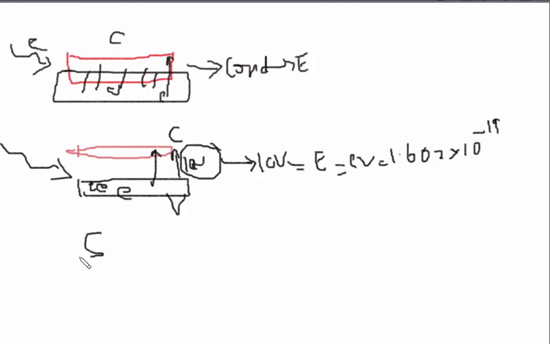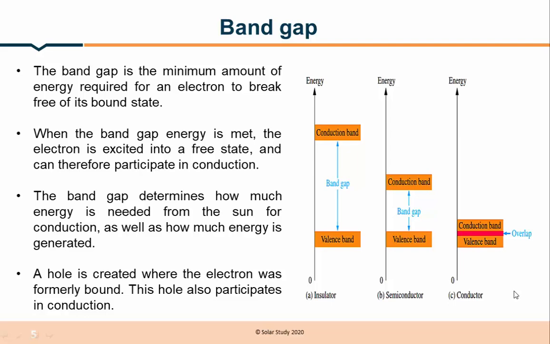So for silicon the energy gap is 0.7 electron volt. For germanium it is 1.1 electron volt. As I told you, the band gap is the minimum amount of energy required for an electron to break free of its bound state. When it meets its energy gap, electrons start moving from the valence band to the conduction band.